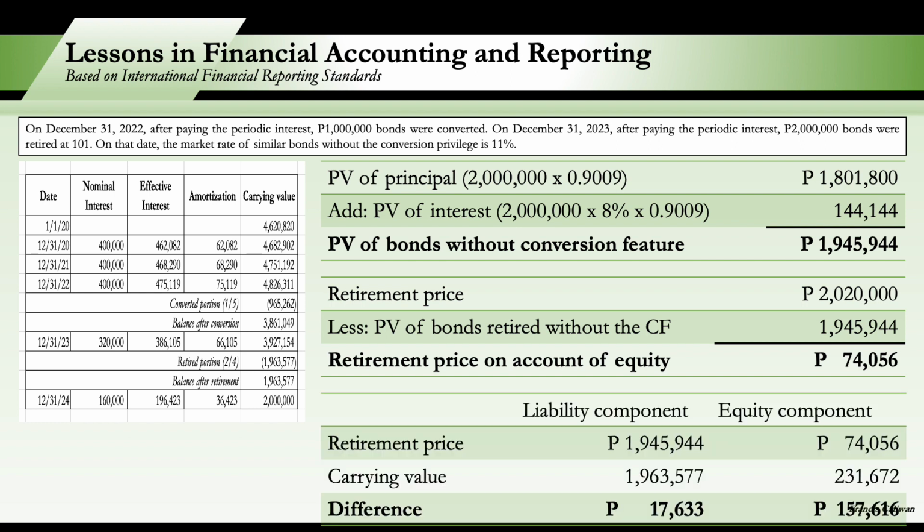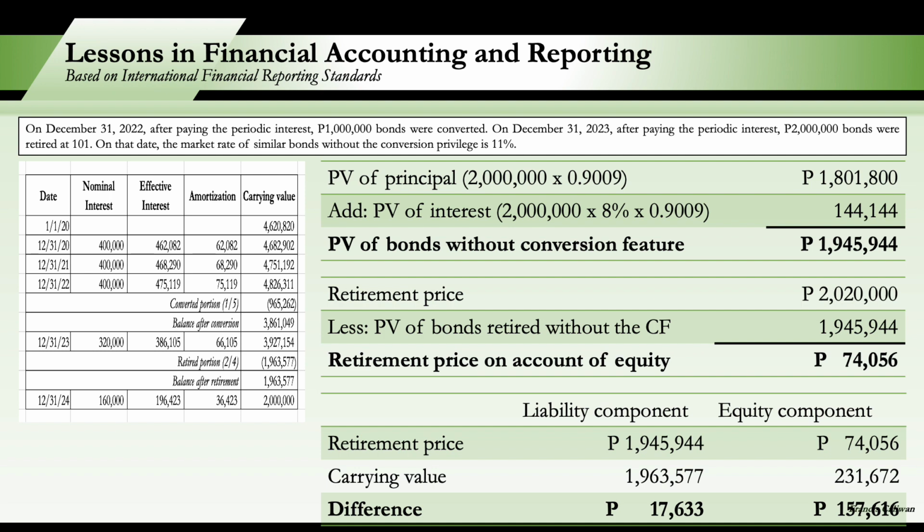So for the liability component, the retirement price is 1,945,944. The carrying value of the bonds is 1,963,577. So meaning the liability that should be paid is 1,963,577, but the amount that we actually paid is 1,945,944. Therefore, kumita tayo or lugi tayo.